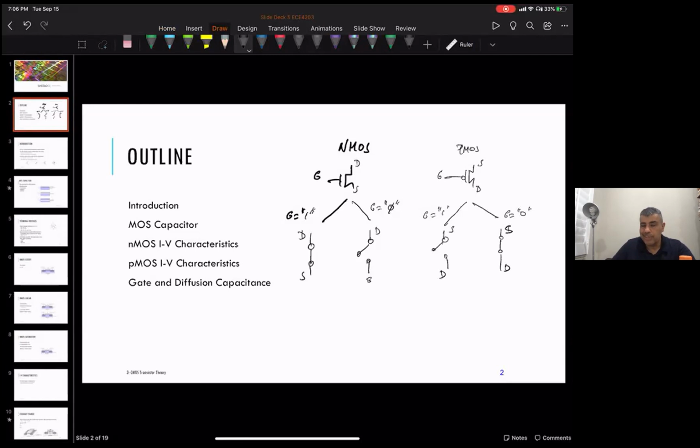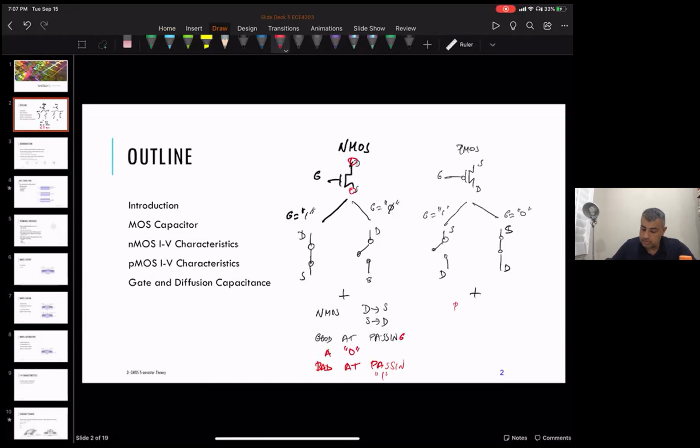The only thing that we added to this was that an NMOS, from drain to source or source to drain, is good at passing a 0, bad at passing a 1.